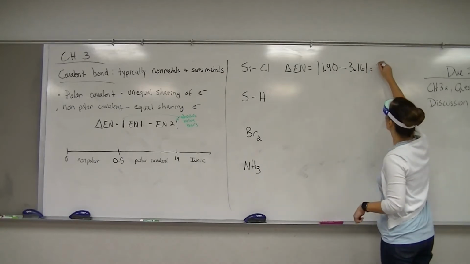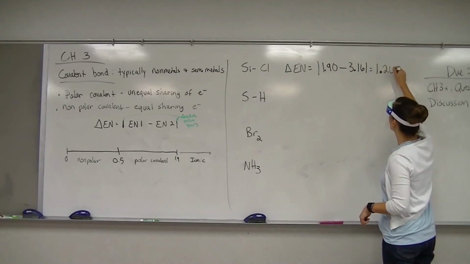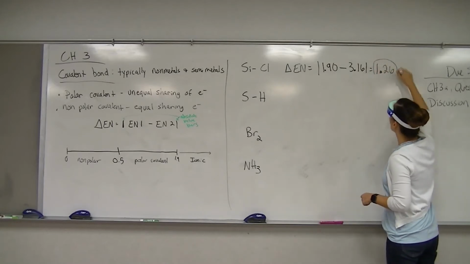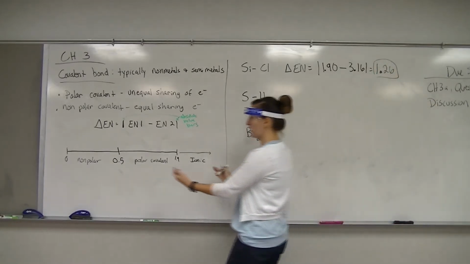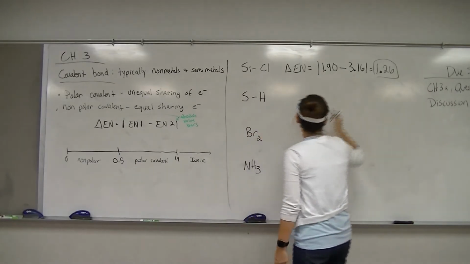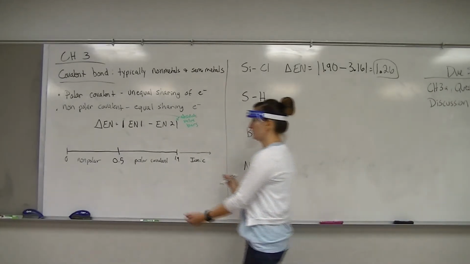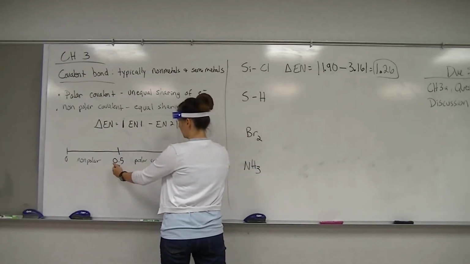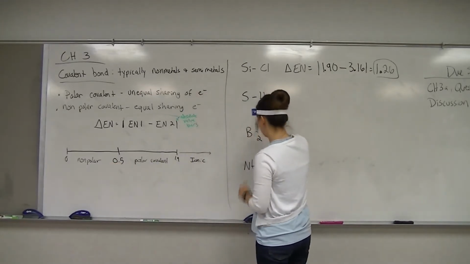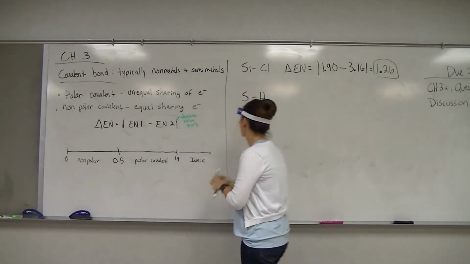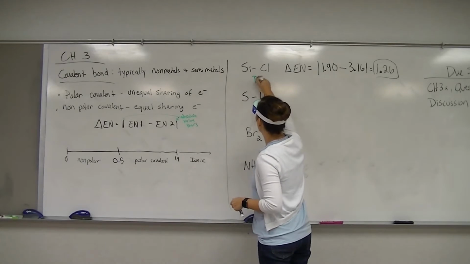I get positive 1.26. Using this number, we see where it fits. This is actually quite a large electronegativity difference. So it's between 0.5 and 1.9. We would classify this bond as a polar covalent bond.